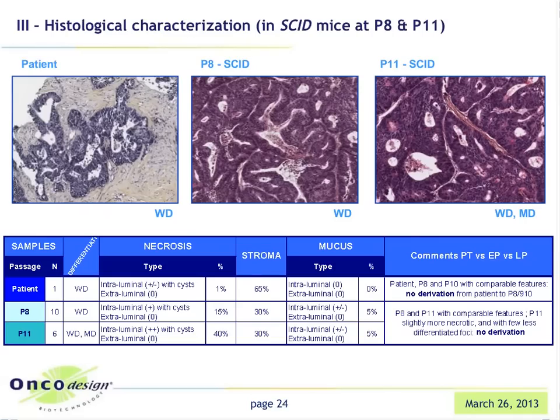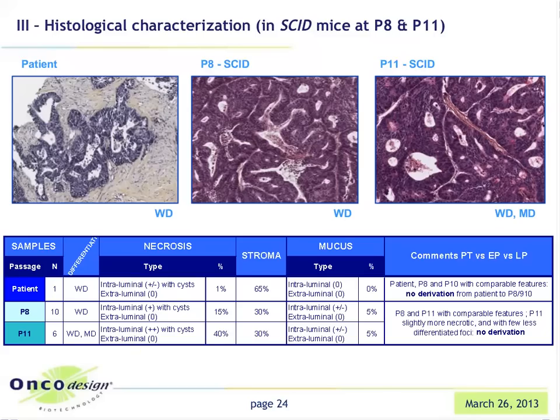So here is the slide that I wanted to show you initially that didn't work. It was the tumor histological structure. So here it's with the patients, the skin mice, and you can see that the structure is very well preserved. And we have a full analysis of the histological structure on this table.